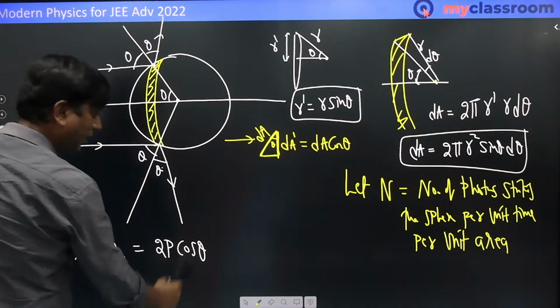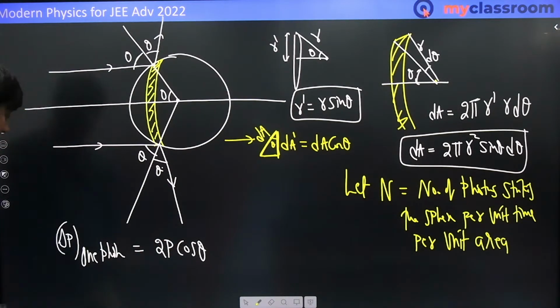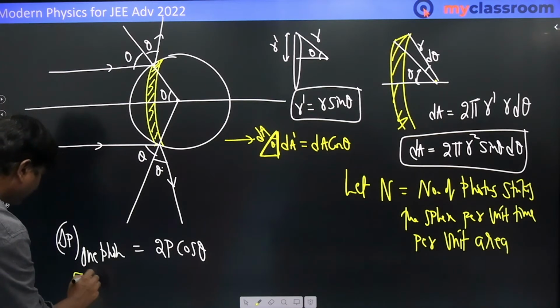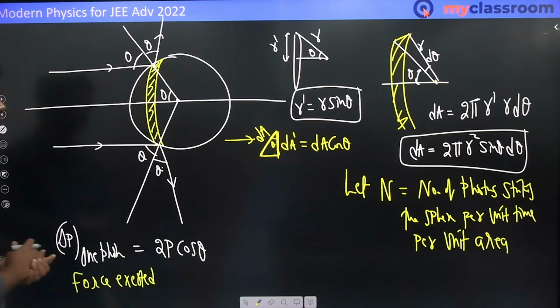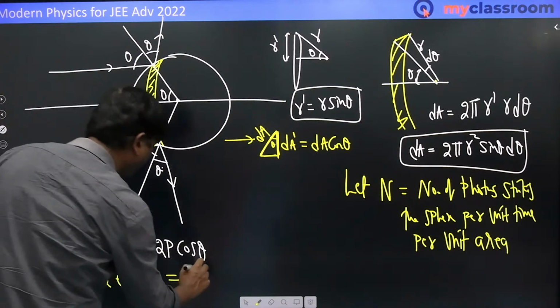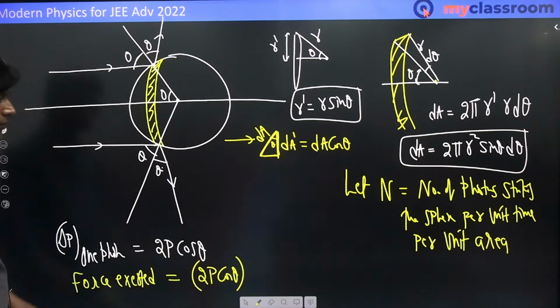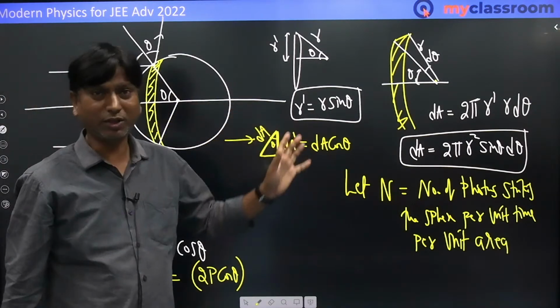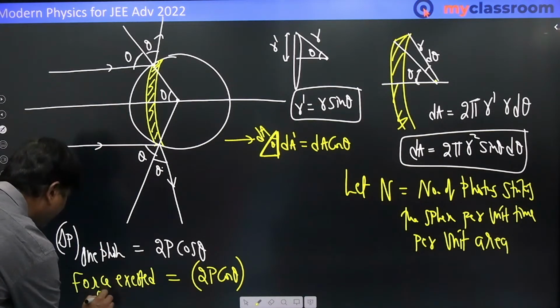Getting back here, the change in momentum of one photon is 2p cos theta. Now, we are talking about the force exerted only on the strip.